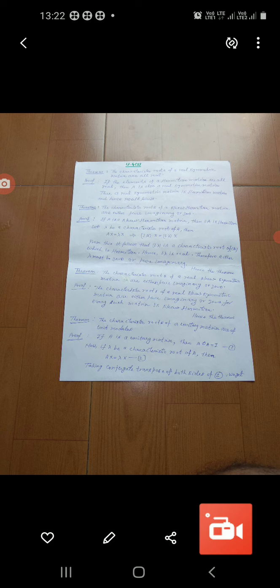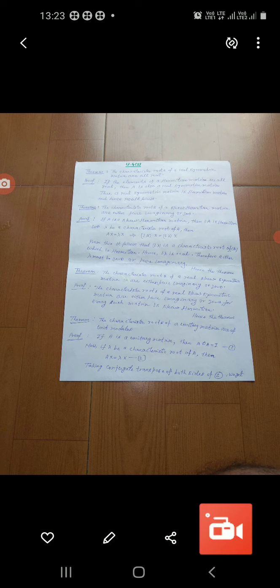So first we will prove that the characteristic roots of a unitary matrix are of unit modulus. Proof: if A is a unitary matrix, it means A^θ A equals I by definition, and let it be equation number 1.